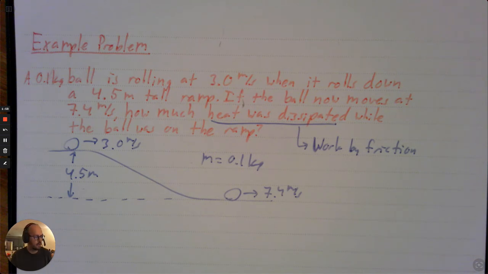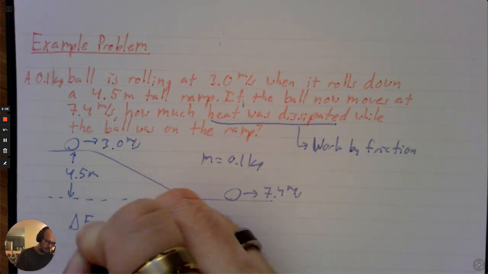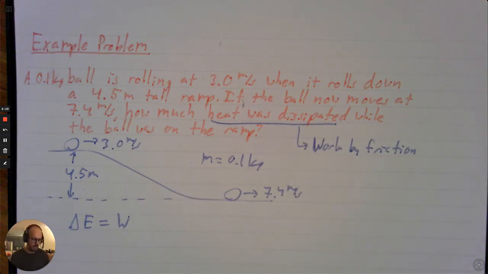And so what we're going to do is set up an equation to work with this. Now, the equation that's in your equation sheet is delta E equals W, meaning the change in energy is equal to the work that's done. I don't write it like that because I'd rather tell a story.